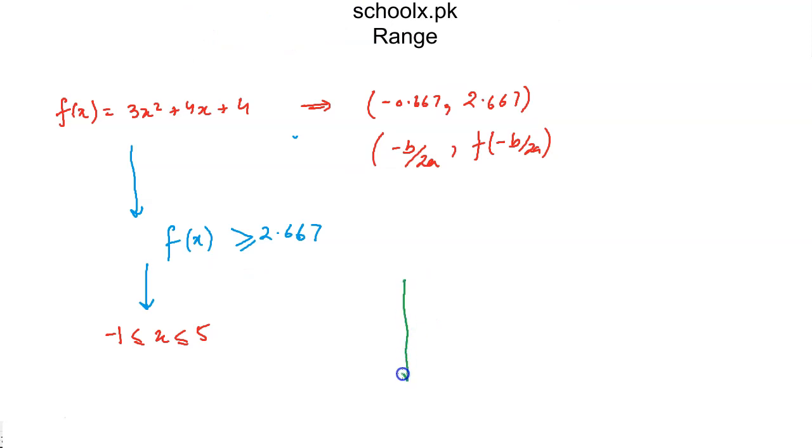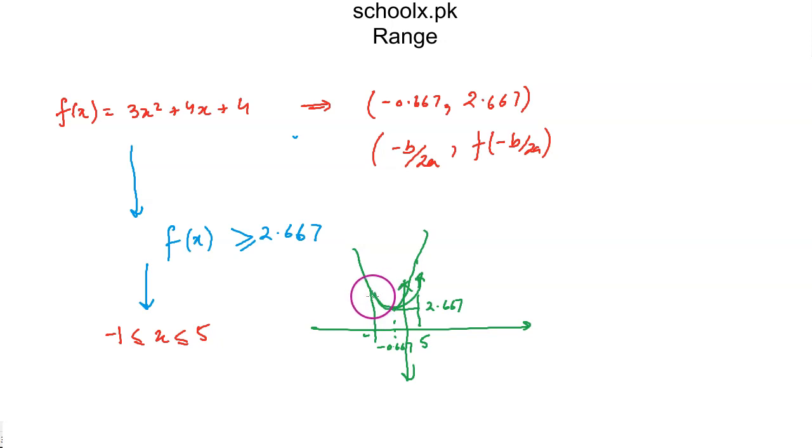This is our graph. Now this is our lowest point, at minus 0.667. The lowest value of the function, the output, is 2.667. Now we are moving from this point minus 1 all the way up to this point 5.